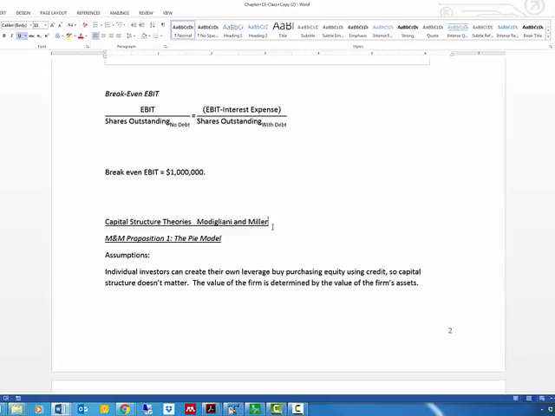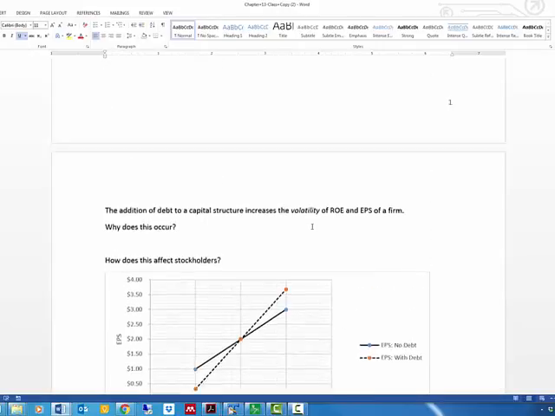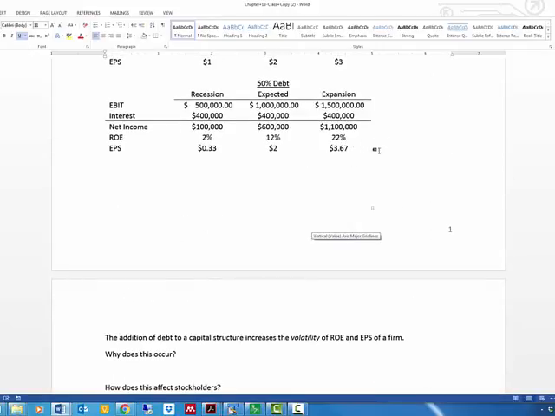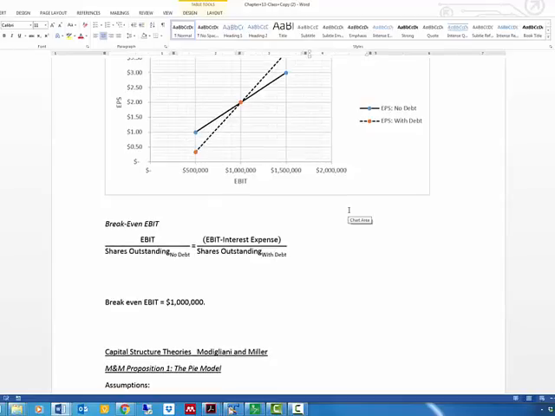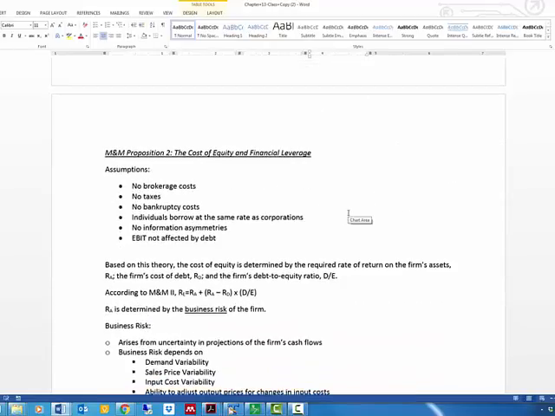So let's say the company has no debt, but you want the greater upside if they had taken on debt. And so what you would do in this case is, let's say you want to buy $100 worth of the stock in this company, you'd go out and take out a loan for $50, and you'd use $50 of your own money, and you would buy the stock of the company, and that would give you the 22% return if the economy was in an expansion, and the earnings per share of $3.67 after you paid the interest on that debt that you had taken out to buy the stock in the company.